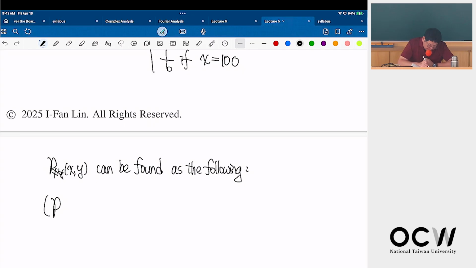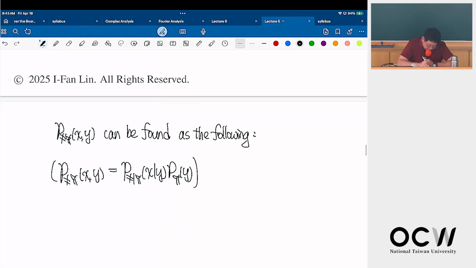So remember, for the joint PMF, think about the conditional PMF of x given y times the marginal PMF of y. First we can find it when y equals 100.